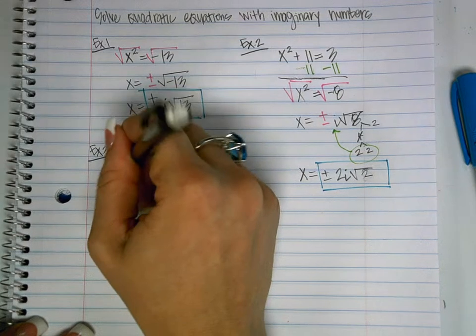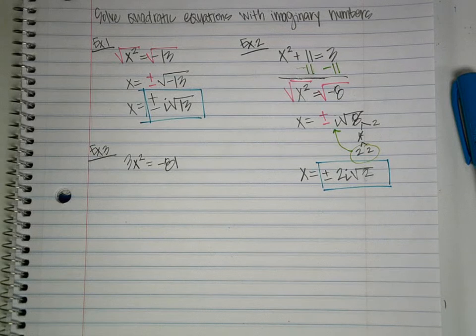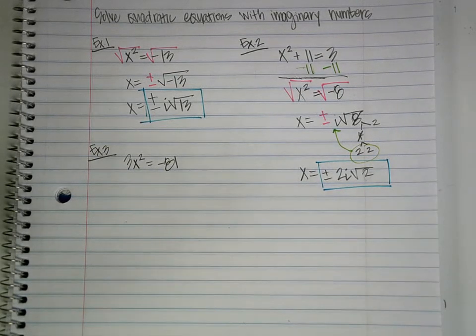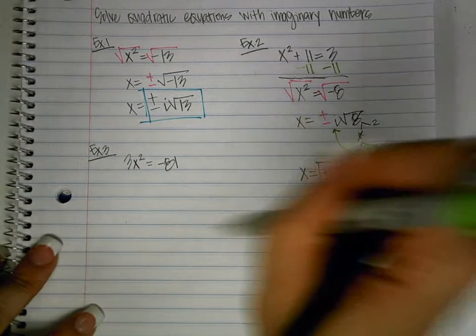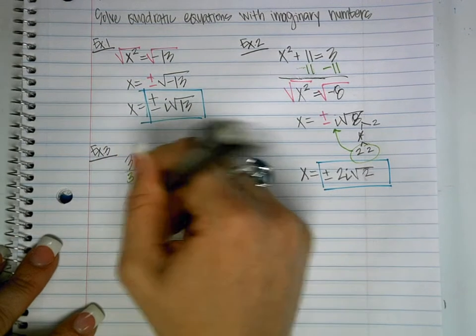Okay, let's try another one. For number 3, I want you to try 3x squared equals negative 81. I'm looking for a first step. What is my first step? David? Divide by 3, exactly. So divide both sides by 3. What is negative 81 divided by 3? Negative 27.